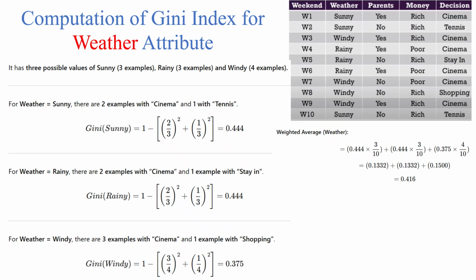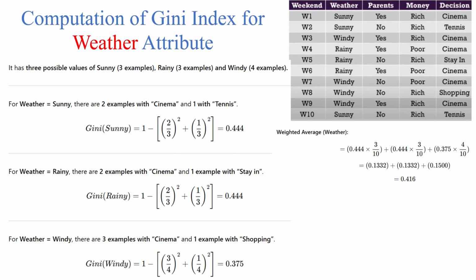Next we are going to take the attribute weather. Here for weather, we have 3 outcomes: sunny, rainy and windy. Out of 10 samples, we got sunny 3, rainy 3, and windy 4 examples.